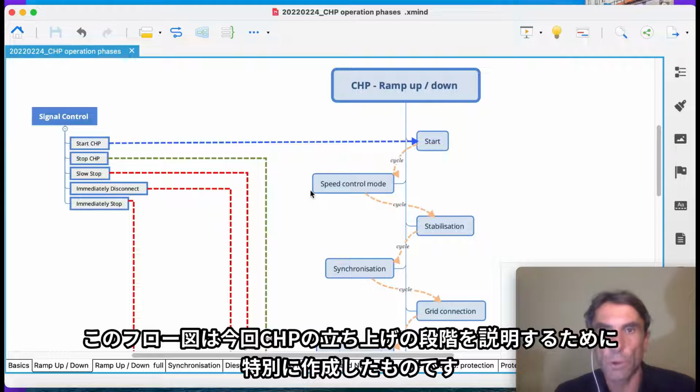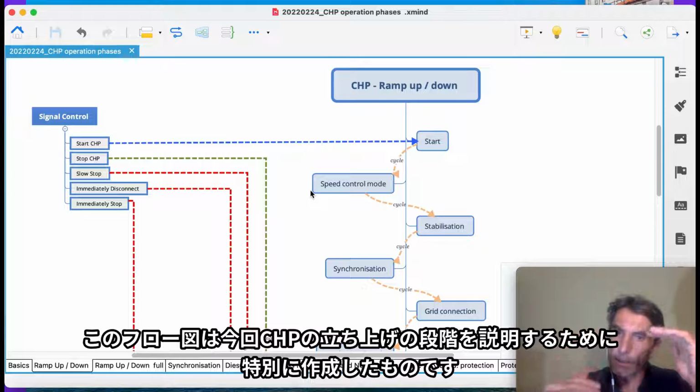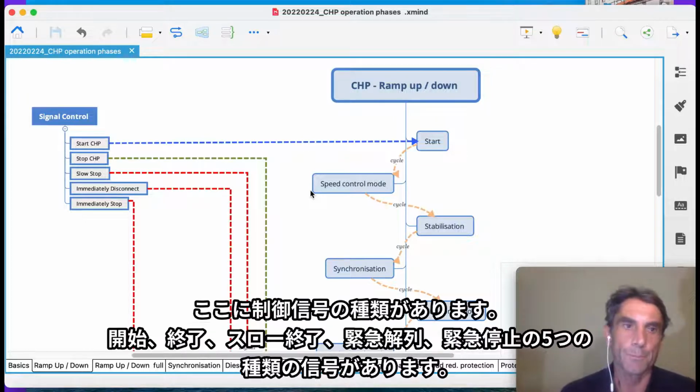Okay, so first of all, here we have the flow diagram of the CHP. I prepared it especially to show you the different steps the engine, or the CHP, has to run through. First of all, we have the signals: a start signal, stop signal, slow stop signal, immediate disconnect signal, and immediate stop signal, like an emergency stop.